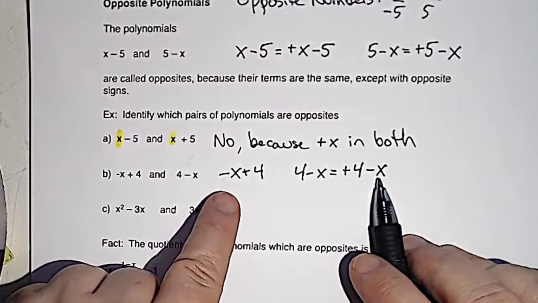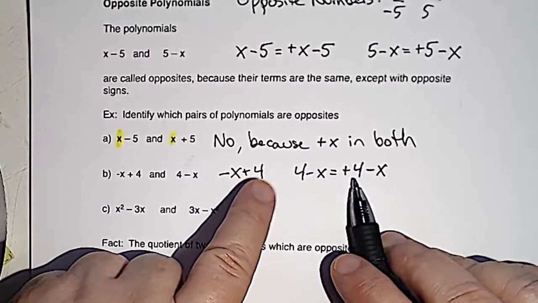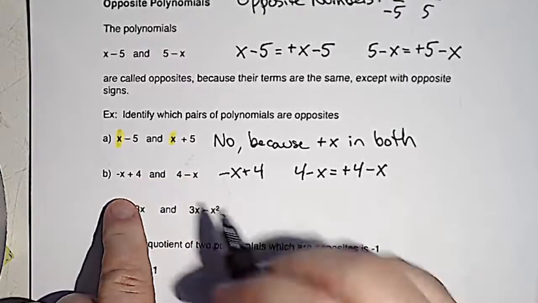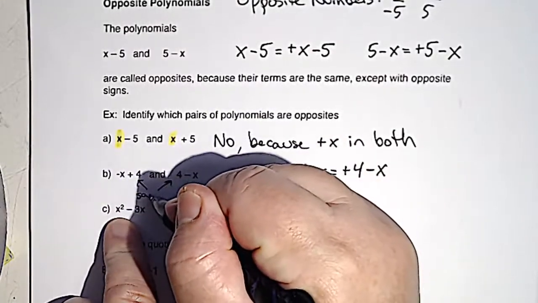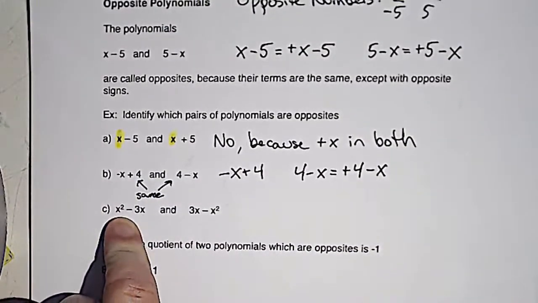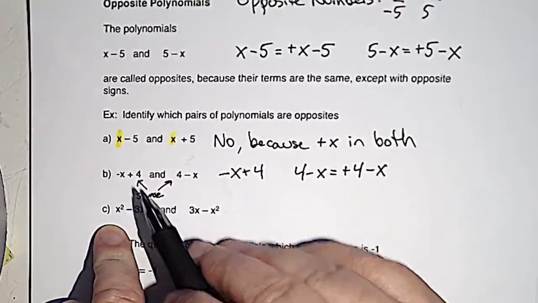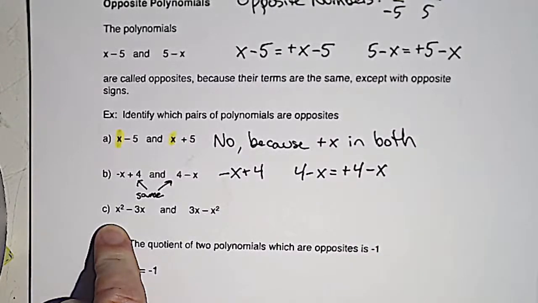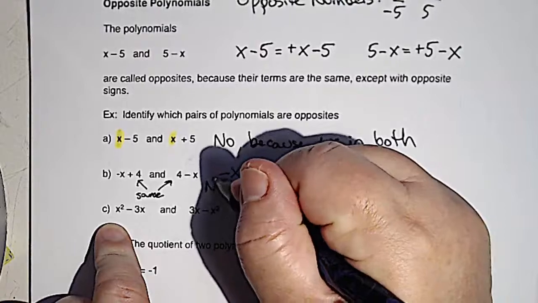Notice the x is minus in both, and the 4 is the same. In fact, these two expressions are actually equivalent. Those two have the same value. Positive 4, the opposite of x. So they're not even opposites. They're the same. So this one's another no.